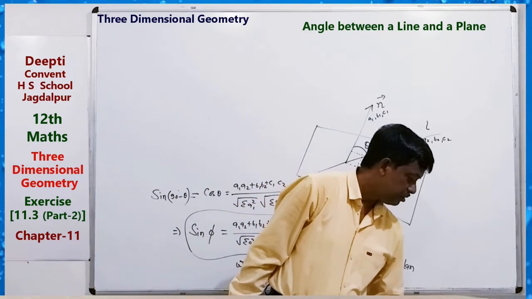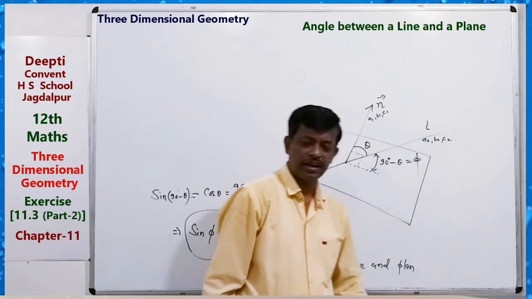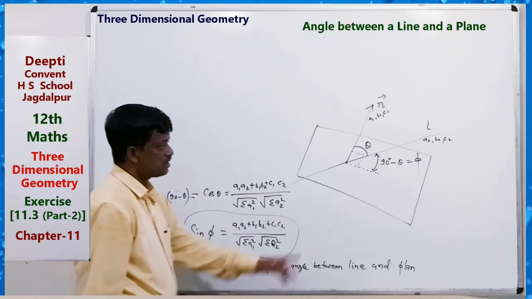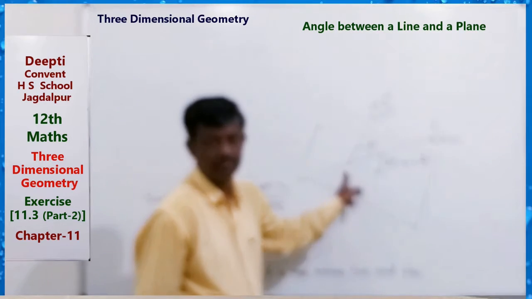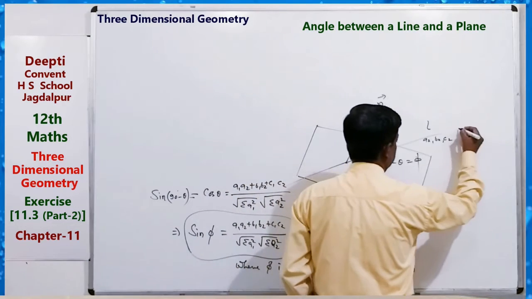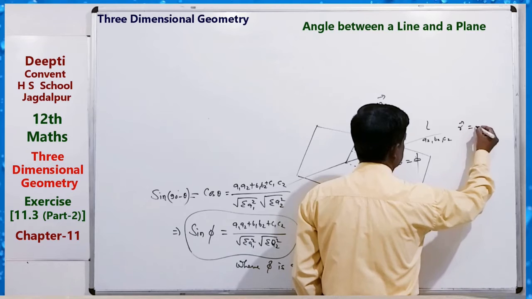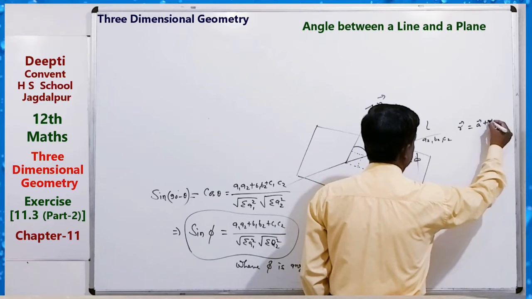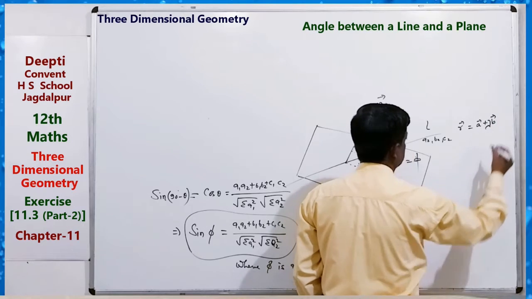Clear? Also, in another form we can write it. Suppose the line is given in vector form, r equals a plus lambda b.